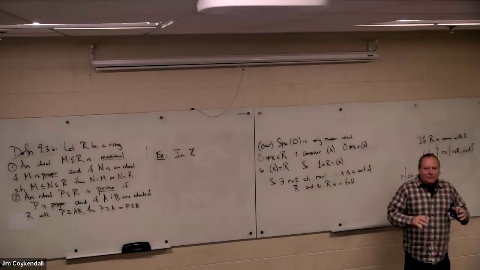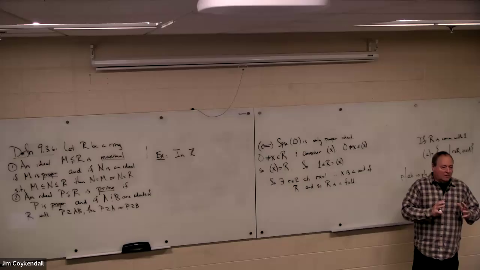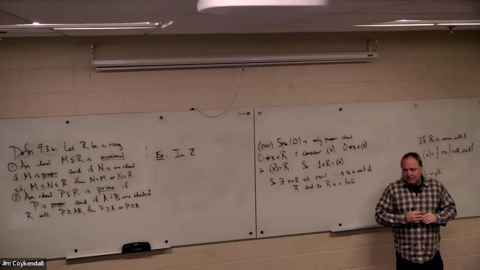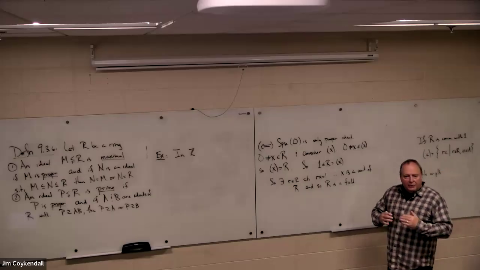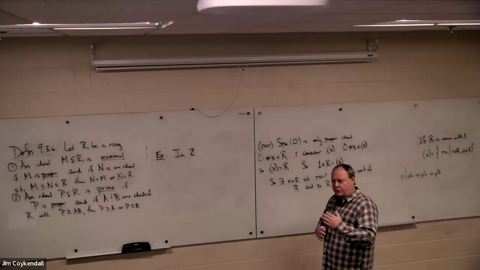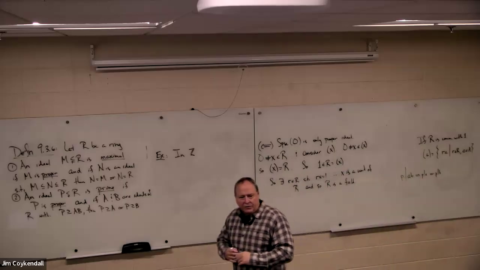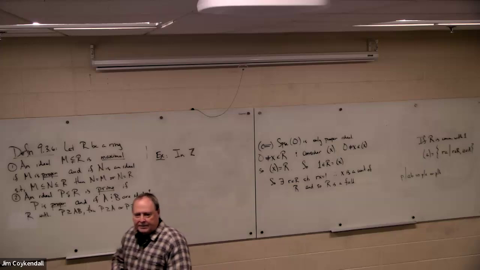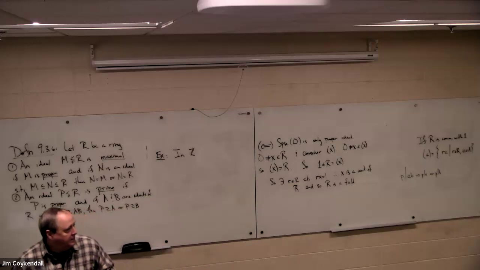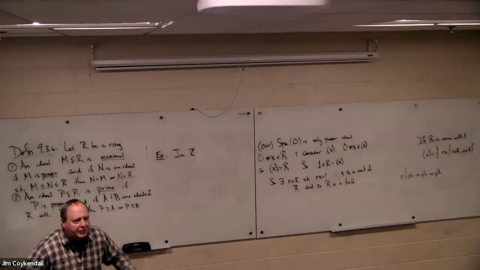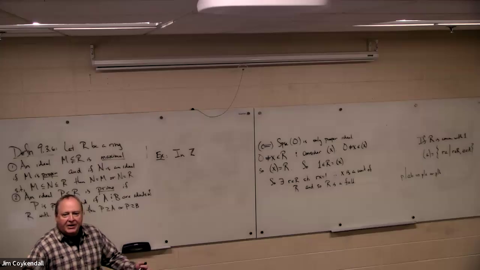Let me give you an example. 12. If you look at the ideal generated by 12, this is all multiples of 12. Is there something bigger than that ideal that I can squeeze between that and all the integers? How about multiples of 6? The ideal generated by 6 contains that.